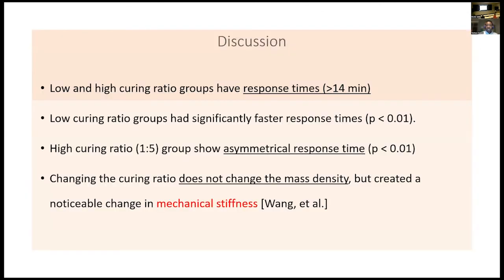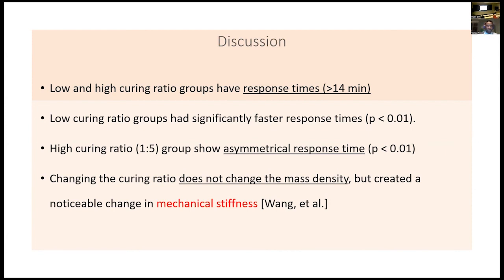So we came to several conclusions. The most obvious and useful one being that while they're still kind of slow, we're still working on making the sensors much faster, the low curing ratio group had a much faster response time, so that was apparent and immediately useful for us. But also, we had more questions.